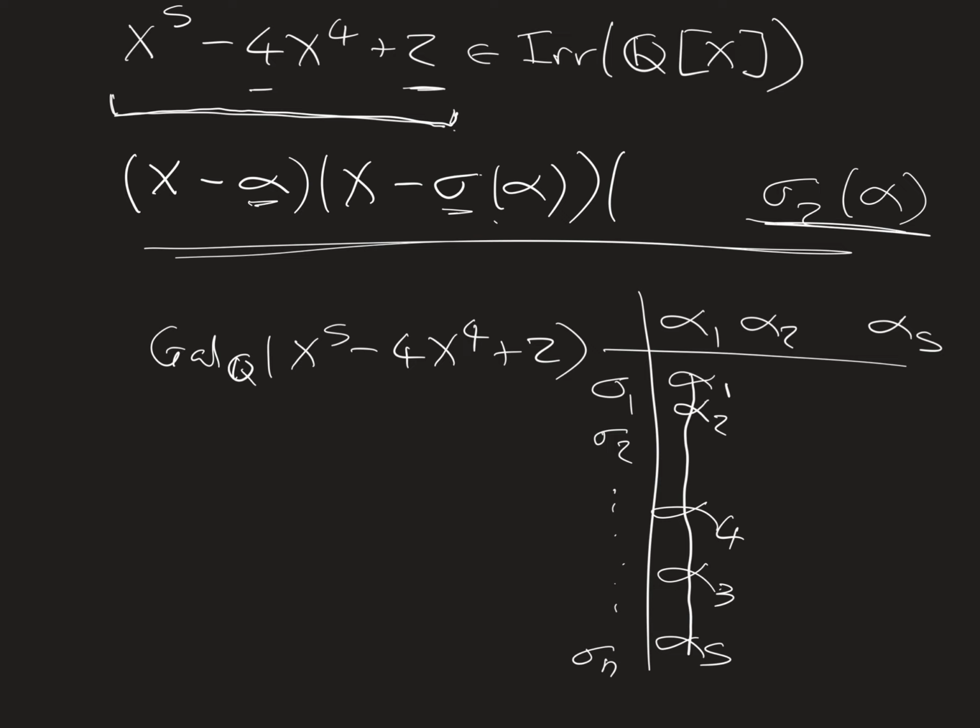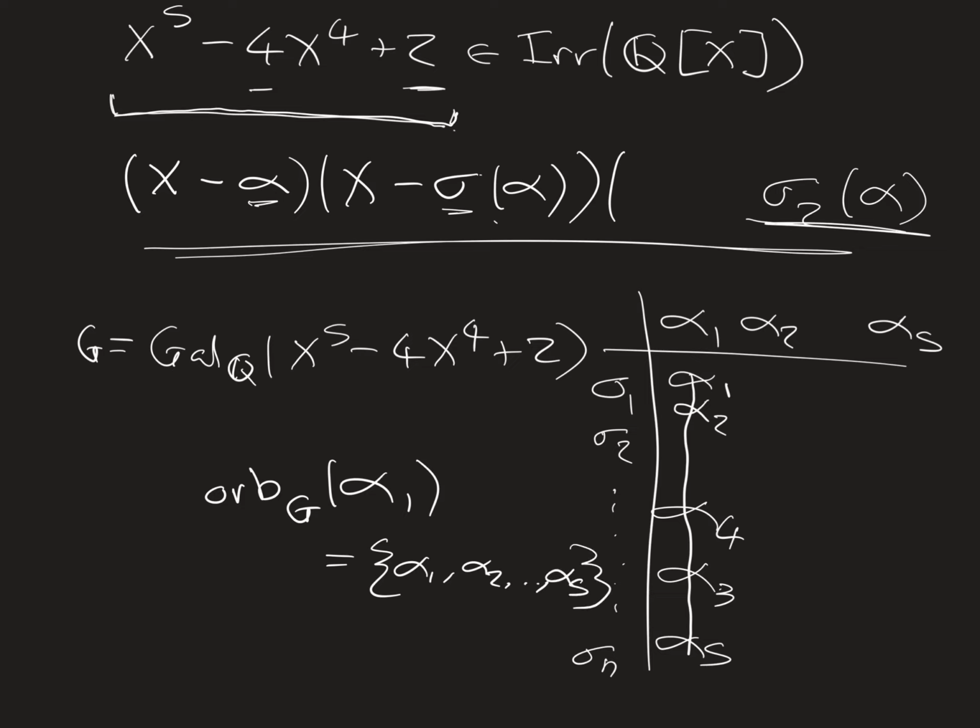So the point is that the orbit under the Galois group, which I'll just denote G, the orbit of any one of the roots is going to equal the entire set containing alpha 1, alpha 2, all the way up to alpha 5. Now, why is this useful?